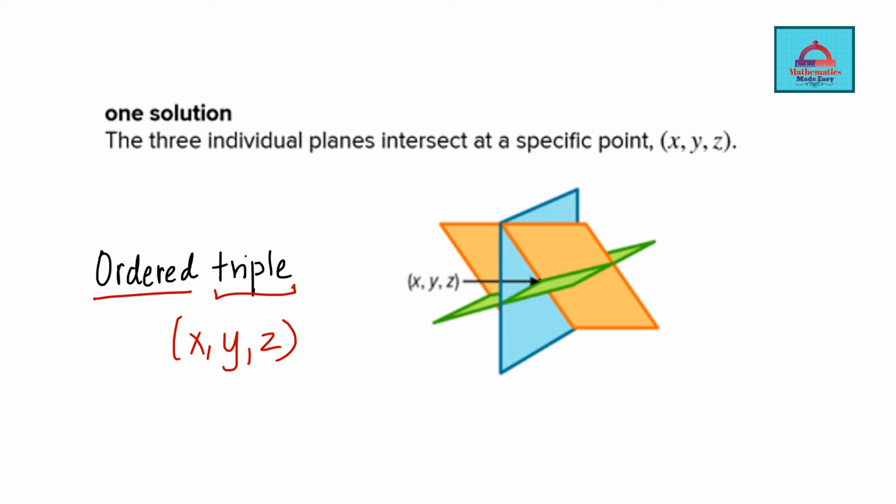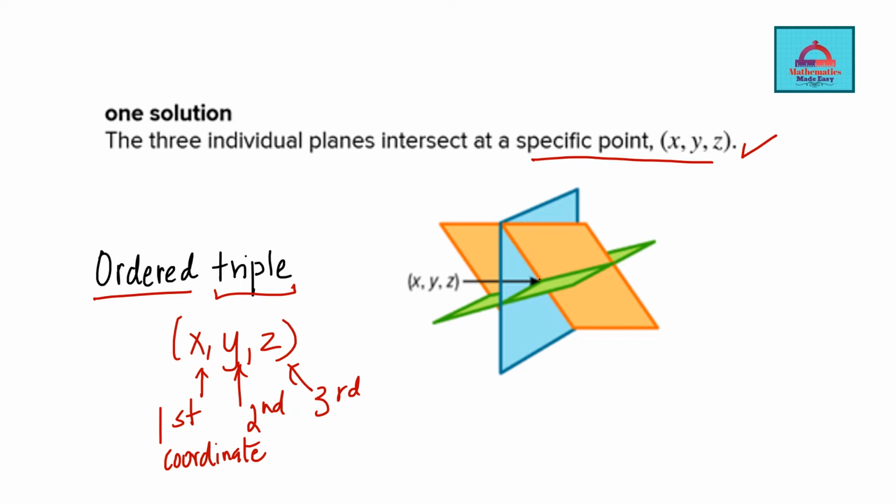You cannot change x, y, and z. You cannot interchange or mix and match. So you have to follow this same order. The first coordinate would represent your x value, second coordinate would represent your y value, and third coordinate would represent your z value. Therefore it is a specific unique point, and this is how the graphical representation looks like.